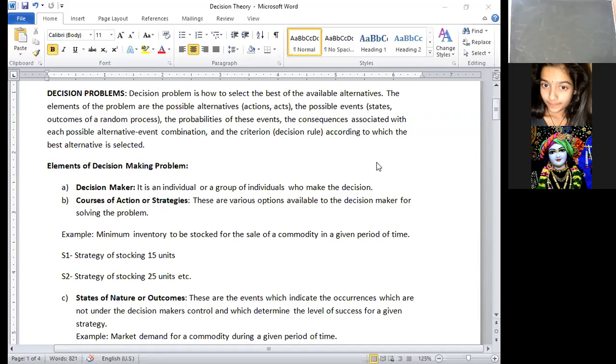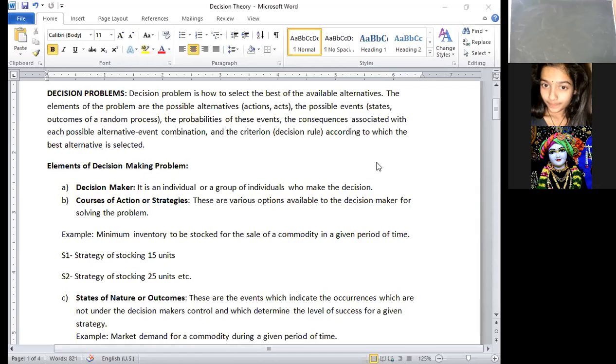Let me complete that, then I will explain. You know the entire thing, but because of ignorance you have not taken the right decision. The second one is uncertainty. The third one is risk. The fourth one is certainty.